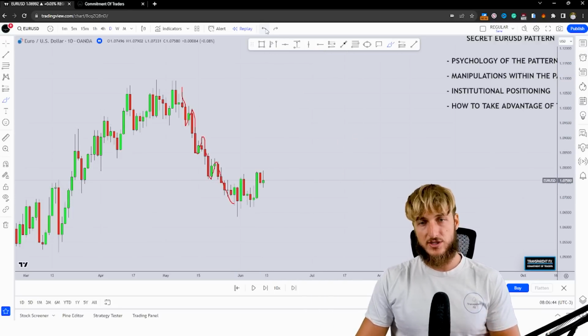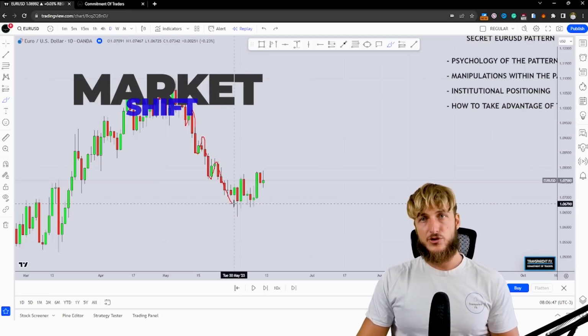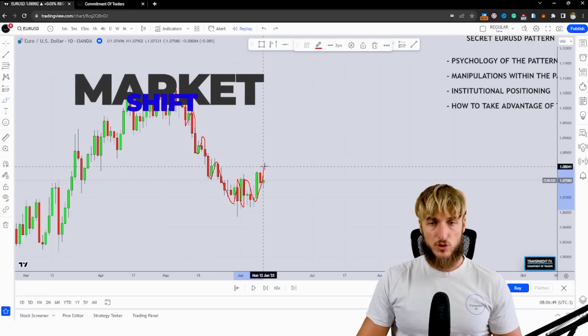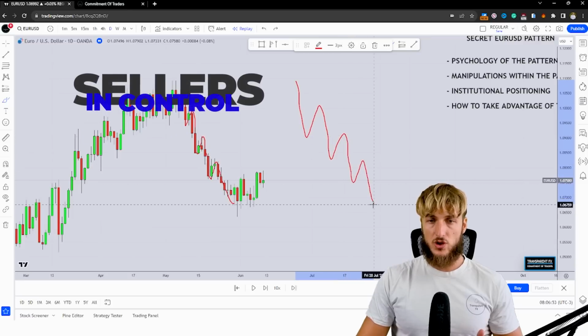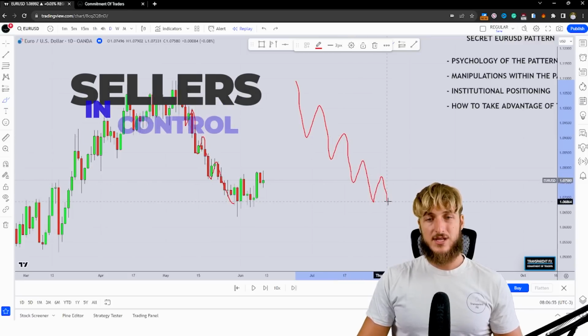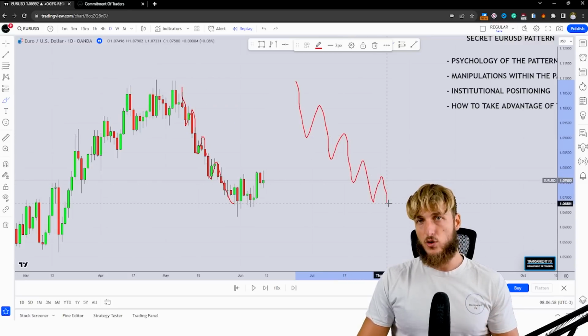So from a psychological standpoint, this is an inversion from a bearish trend to a bullish trend. Now, what will usually happen is that clearly sellers are in control, and then for the first time, the market fails to create a lower low.